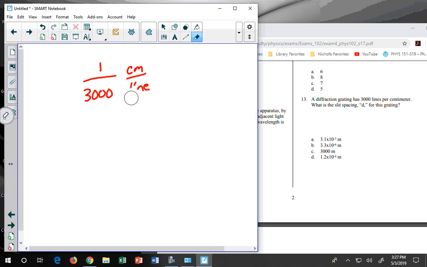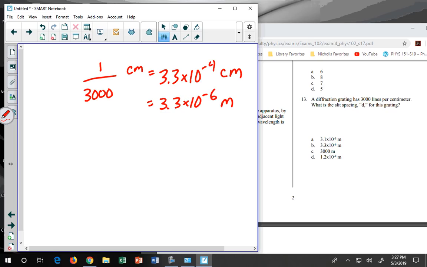Or I can just say centimeters. It's just the distance between the slits. And that gives me 3.3 times 10 to the minus 4. But that's in centimeters. And so that's going to be 3.3 times 10 to the minus 6 meters.